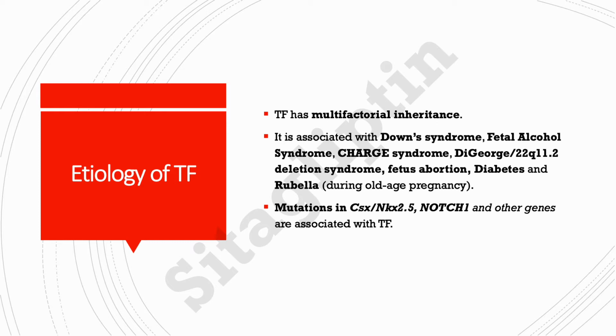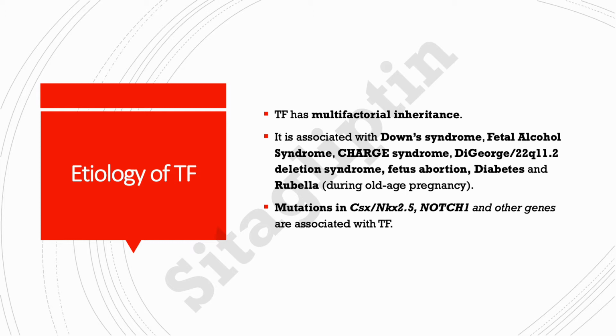Now, as I said, it has a multifactorial inheritance. Therefore, there is not one single gene that is responsible for all the stuff that is happening inside your heart. So there are multiple mutations in multiple genes. For example, we have the cardiac specifying homeobox gene CSX-NKX2.5 and genes in your Notch signaling pathways such as the Notch1 gene and a couple of other genes.